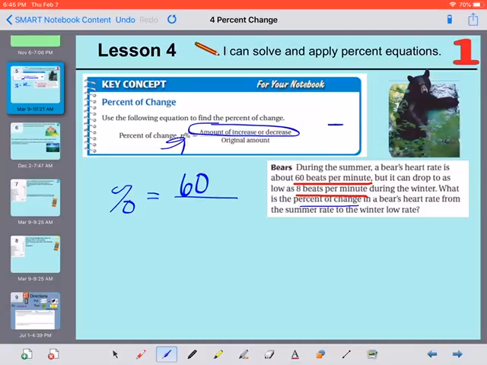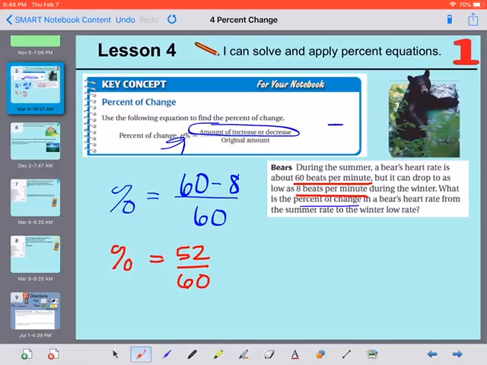So we took the original minus the new to figure out how much did it change, and then we're going to divide by the original amount. It's usually 60 beats per minute. So 60 minus 8 is going to give us 52, and 52 divided by 60 will give us how much it changes as a percent.